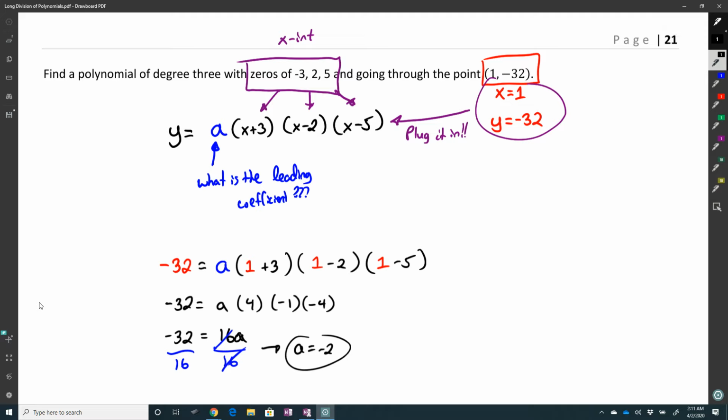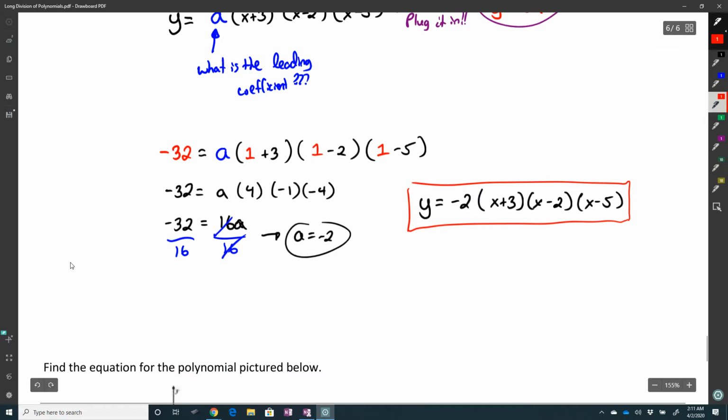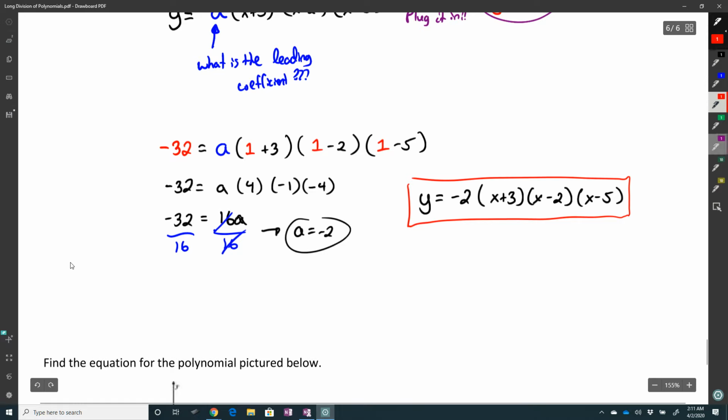So my final answer is negative 2 times x plus 3 times x minus 2 times x minus 5. Now that's what I want. I am perfectly happy with this answer.